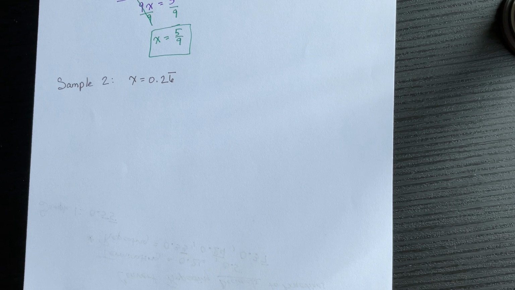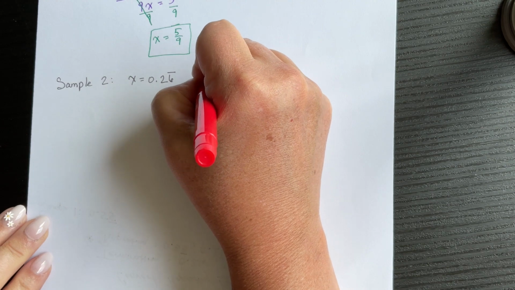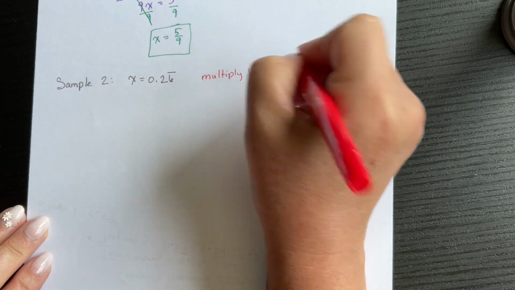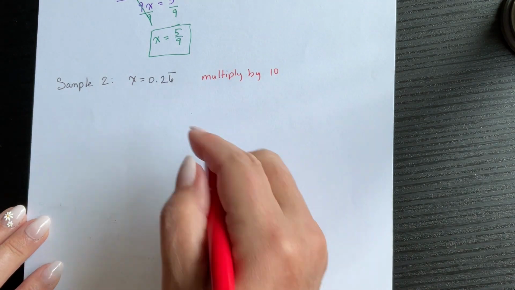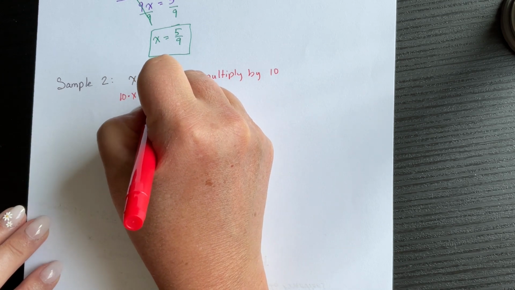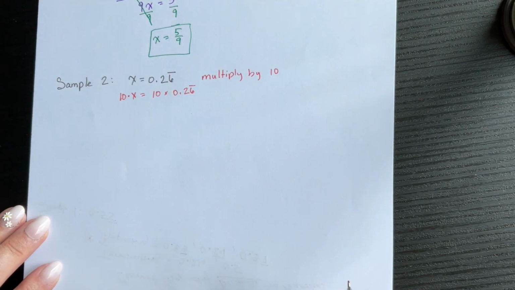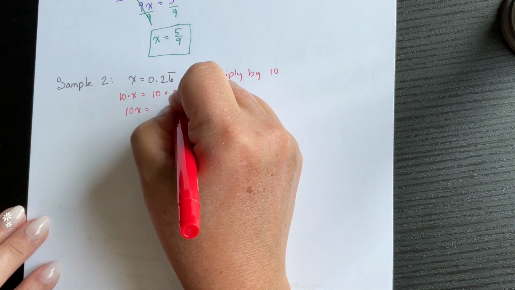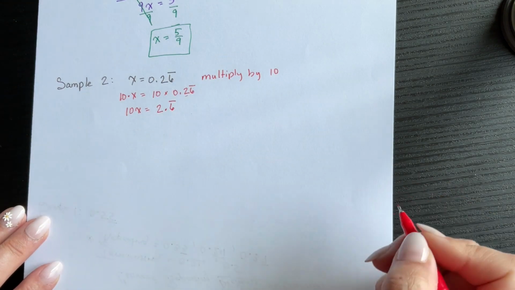All right, so the first thing that I notice is I'm going to multiply by 10, because there is one digit under the repeating line. So that gives me 10 times x equals 10 times 0.26 repeating. Okay, so 10x equals, that's moving over one decimal spot, right? So 2.6 repeating.